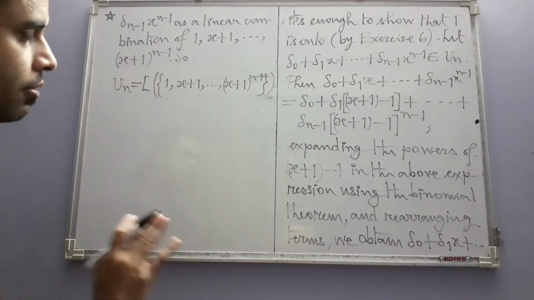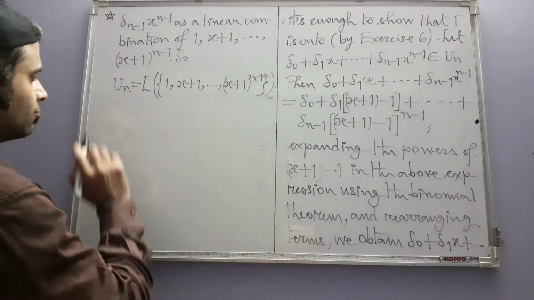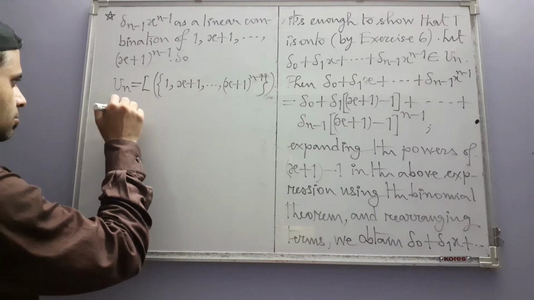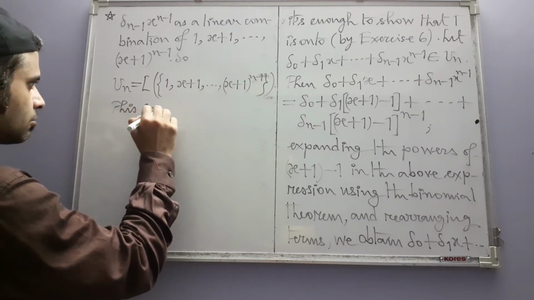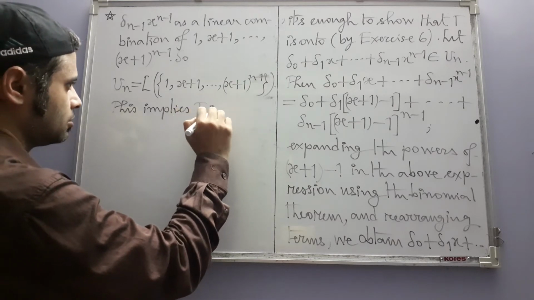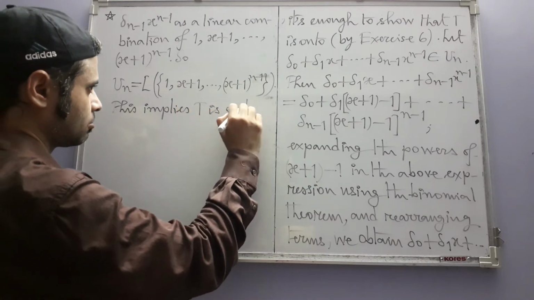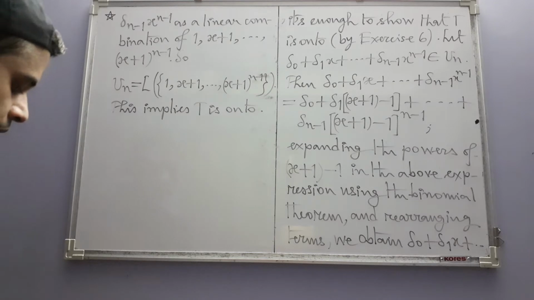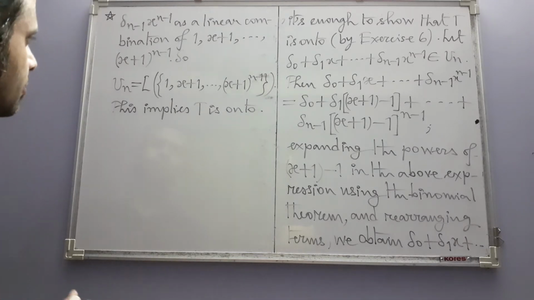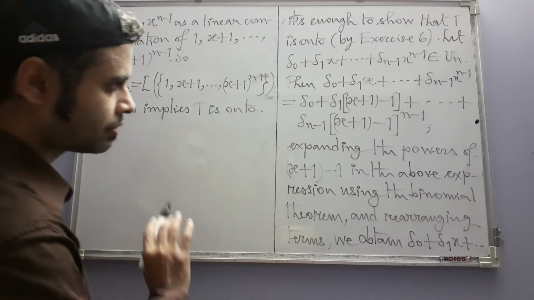Okay, now I am going to write something, you see whether you understand it or not. So this implies T is onto. If we were a little confused about this sudden conclusion, it is just simply this. See what we have shown here.